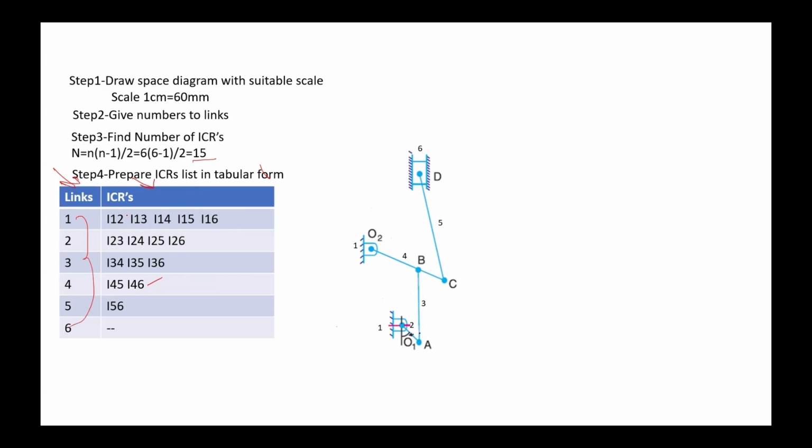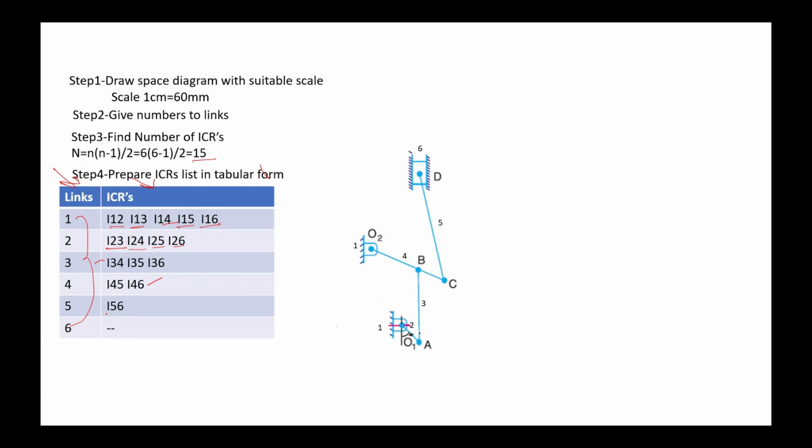Now in the ICR column, you have to make combinations of link 1 with all the remaining links. So I12, I13, I14, I15, I16. In the same fashion, for link 2, you make the combination of link 2 with the remaining links except 1: I23, I24, I25, I26.